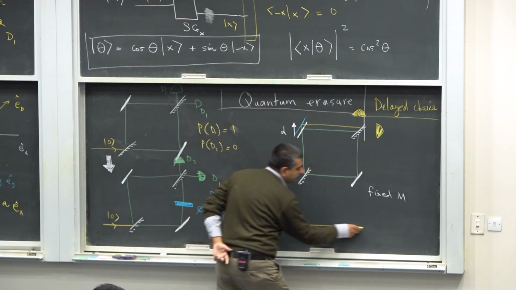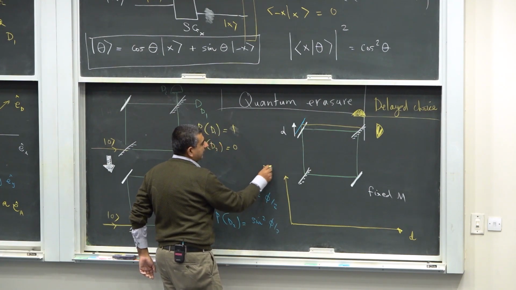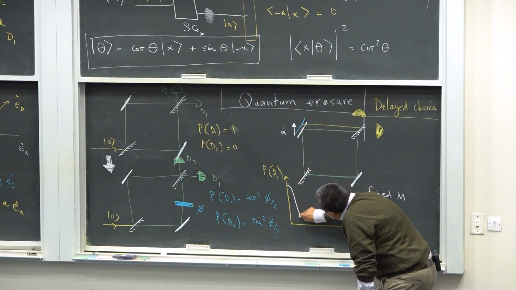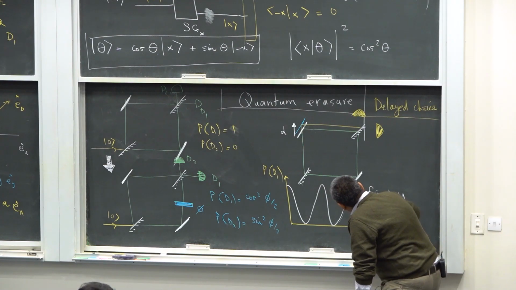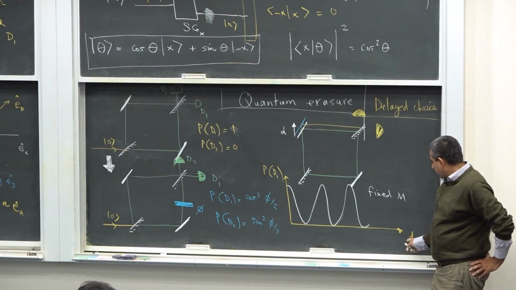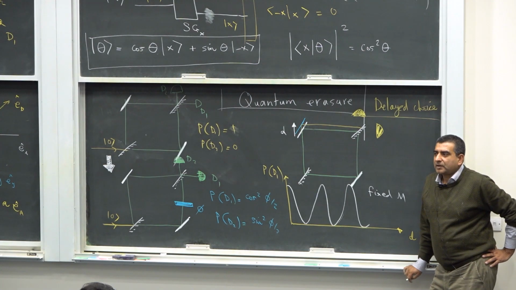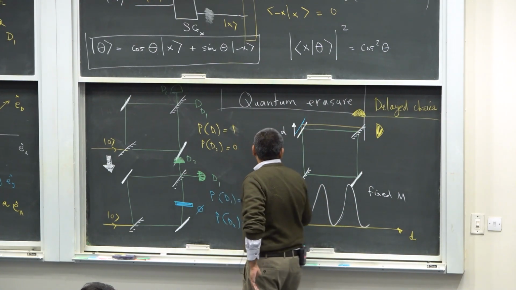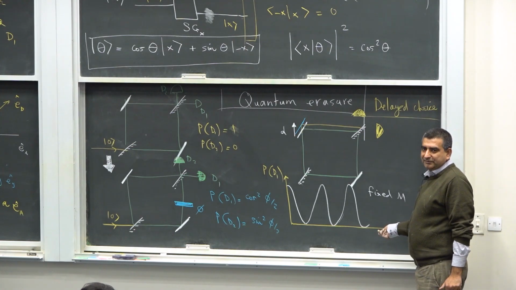So if I were to make a plot between the displacement d and the probability that D1 clicks, this probability is going to vary as a cosine square function with respect to some factor of d and the wavelength of the photon. All right. So I can achieve the same effect as with the phase element by displacing this mirror. This looks like interference fringes.